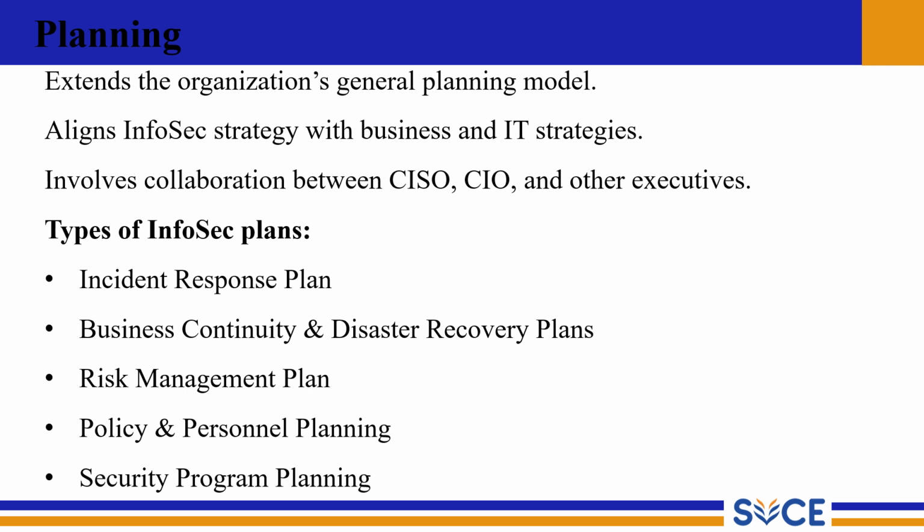From these strategic plans come operational and tactical plans. Operational plans define how daily security activities are carried out, while tactical plans focus on specific technical actions, such as system monitoring, incident handling, or data encryption.